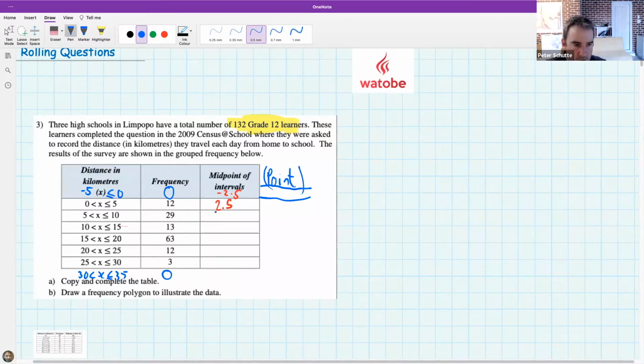Yes, it is 7.5. Perfect. Next one. 12.5. Perfect. Do you notice any pattern? Yes. What pattern do you notice? You add 5. Perfect.